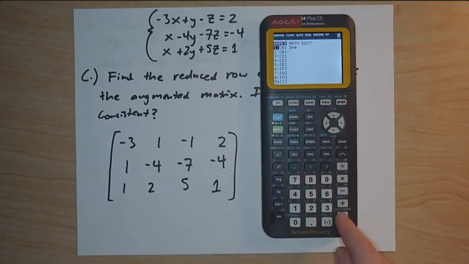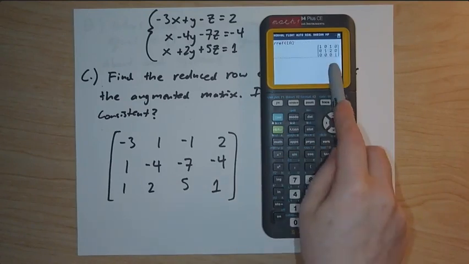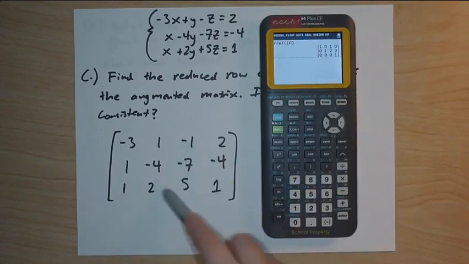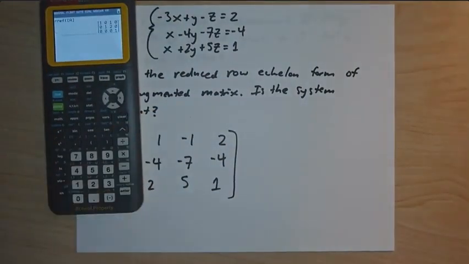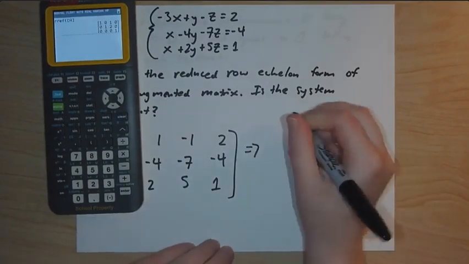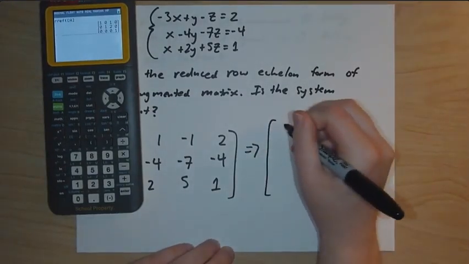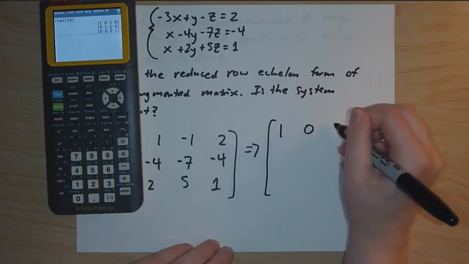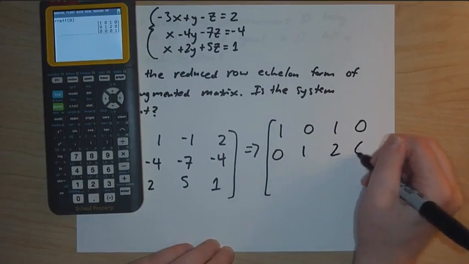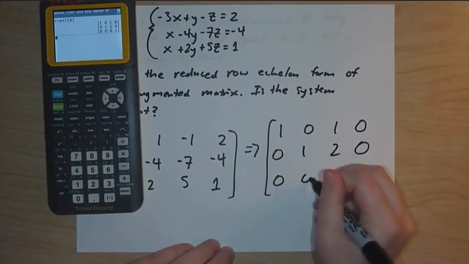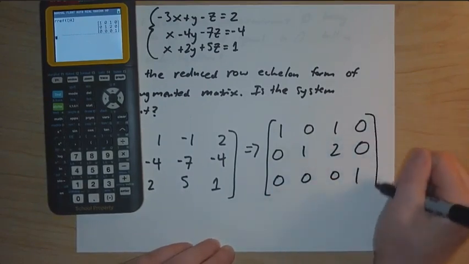We edited A, press enter, and it gives us the reduced row echelon form of our matrix that we had here. So, just writing down what we got, this is 1, 0, 1, 0, 0, 1, 2, 0, 0, 0, 0, 1.